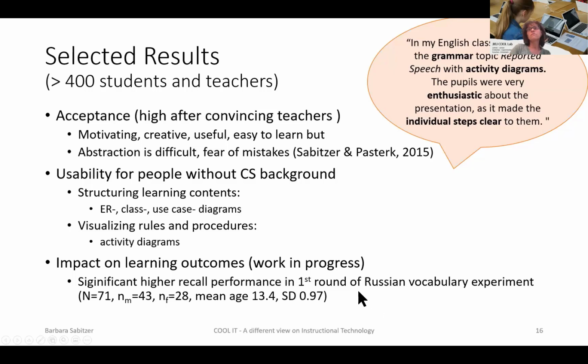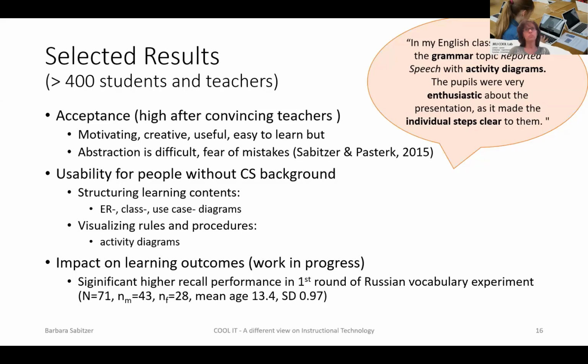We had a first round of a Russian vocabulary experiment in secondary education, where we check if children prefer learning with class diagrams and categorized vocabulary, compared to basic black and white vocabulary lists.